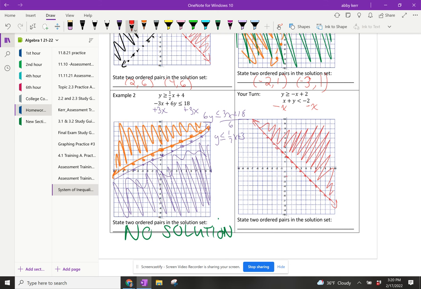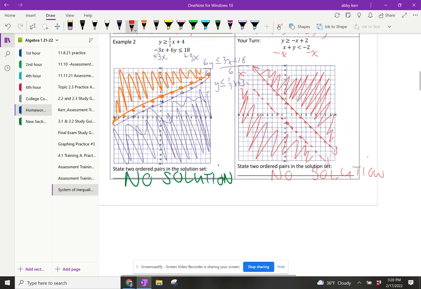Begin at -2, go down 1, right 1. This is going to be a dashed line. And since it's a less than symbol, notice my two shaded areas will never intersect. So it's no solution.